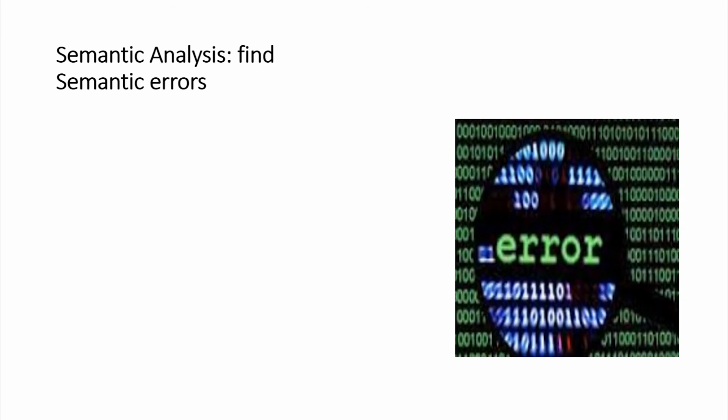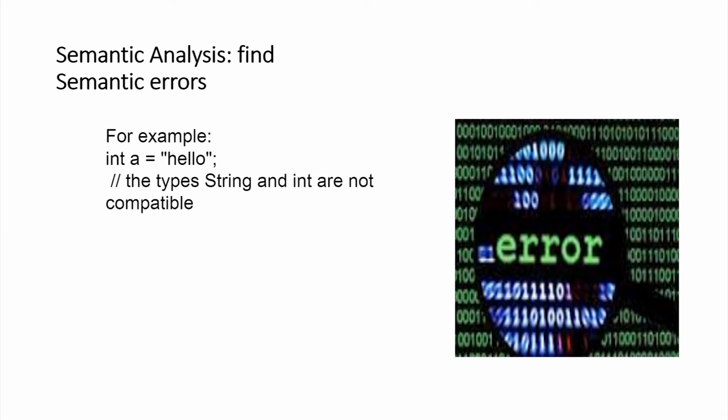Semantic analysis. The semantic analyzer performs the following functions, that is, it finds the following semantic errors. For example, look at this code: int a = "hello". A string is given to a variable that has the data type integer.